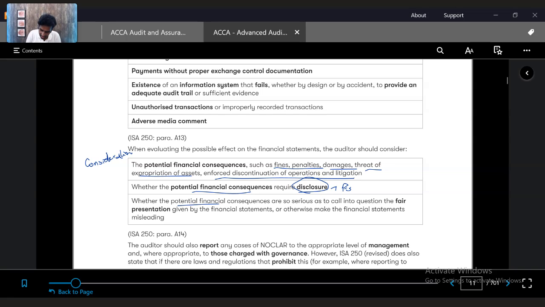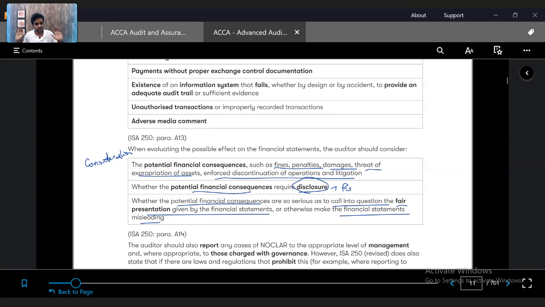Whether the potential financial consequences are so serious as to call into question the fair presentation given by the financial statement, or otherwise make the financial statement misleading, right? So if the potential consequences are so serious that they could affect the true and fair view of the financial statement, like for example, their business could close down and the company has to mention the fact that they might not be a going concern.